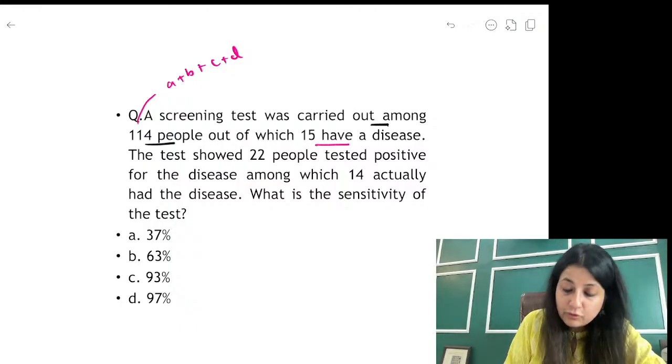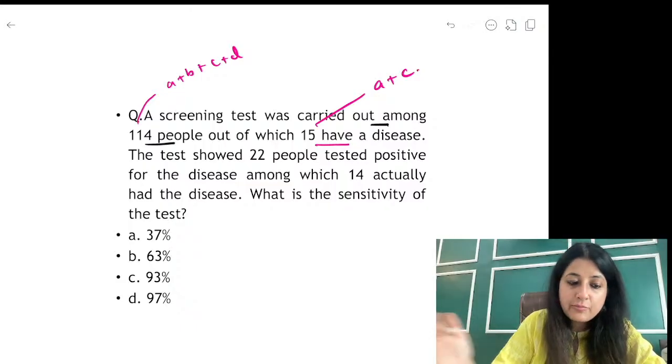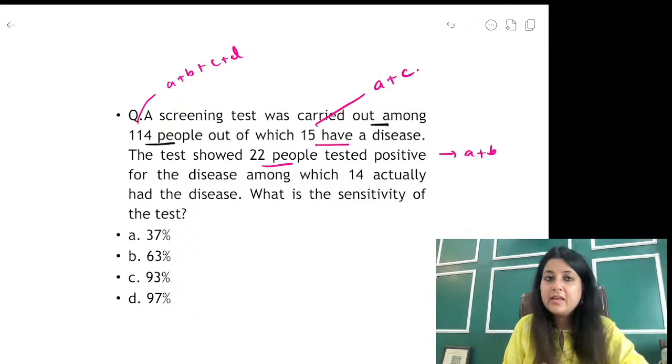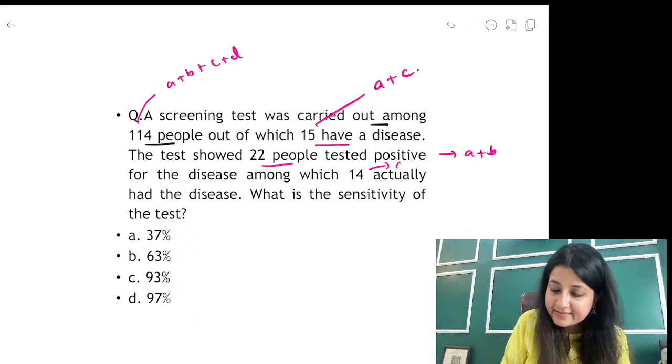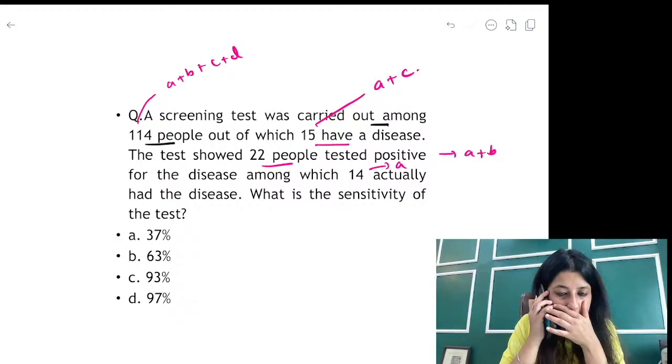So 15 is A plus C. The test showed 22 people tested positive. Again, how many people tested positive? 22, A plus B. Out of that, 14 had the disease, A. Now calculate, just give me 1 second.